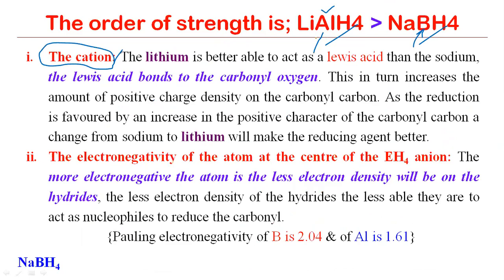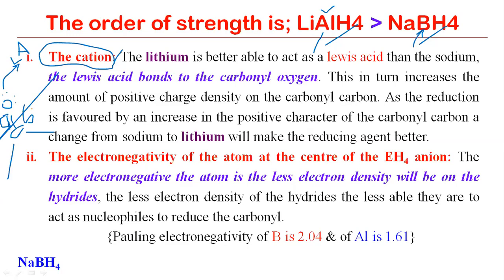Once it is a good Lewis acid, in the case of a carbonyl compound, suppose we have a carbonyl, C double bond O, and we know that the oxygen has two lone pairs. If a good Lewis acid is there, then that Lewis acid can form a bond with this carbonyl oxygen. So the electrophilicity of this carbon will be increased.